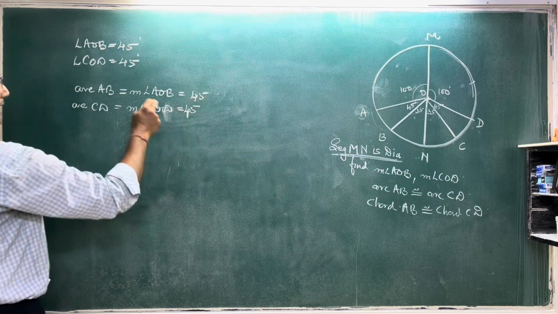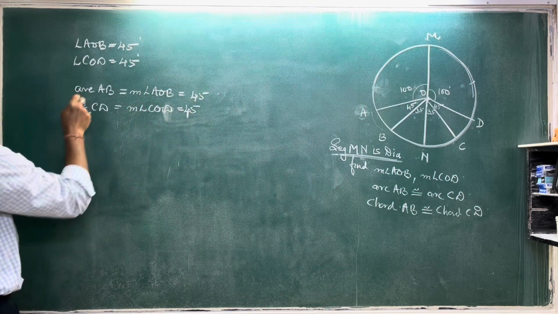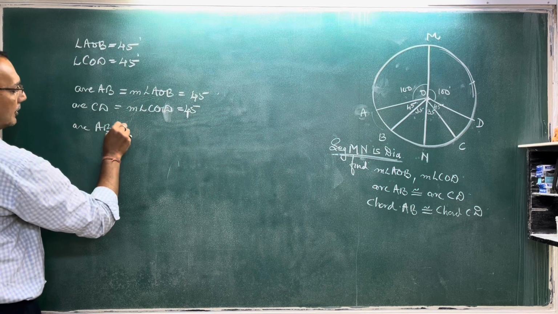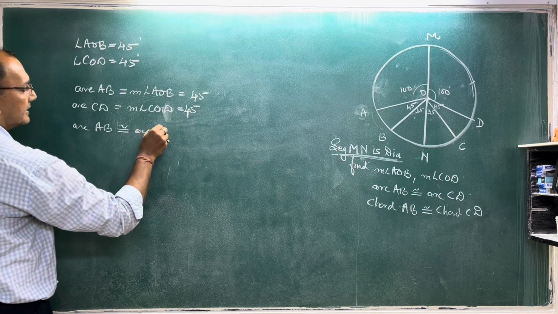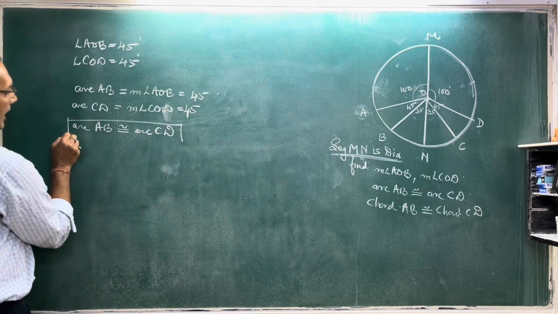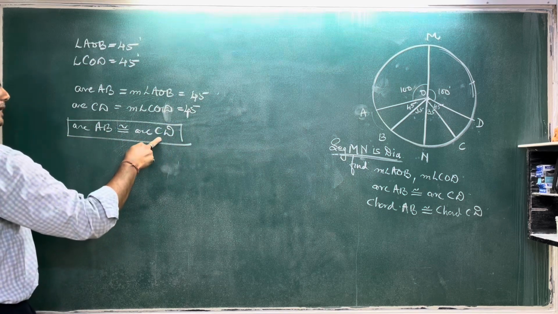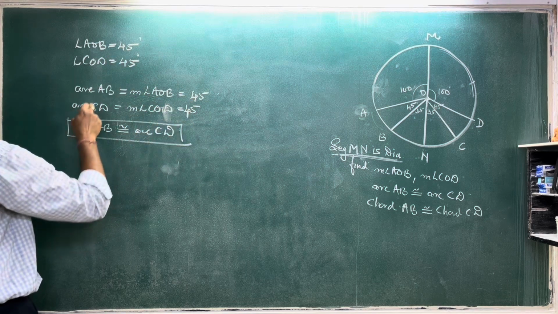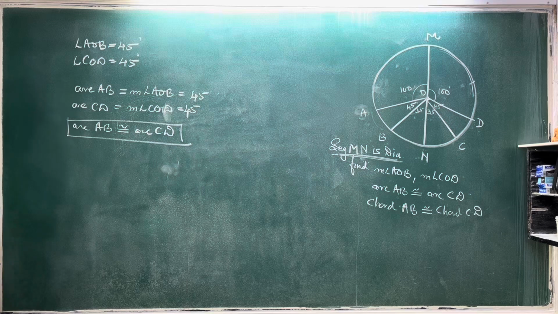Both of them have the same measures. Therefore, I get arc AB will be congruent to arc CD. Correct? So this is how I prove arc AB is congruent to arc CD, because their central angles are equal. Therefore, the measures of the arcs will be equal.